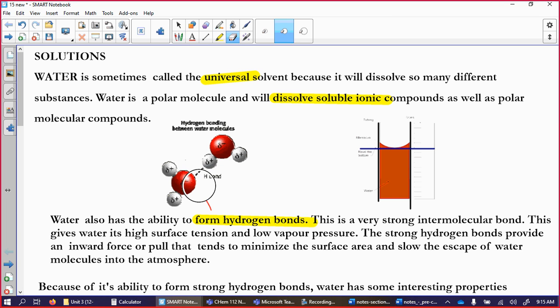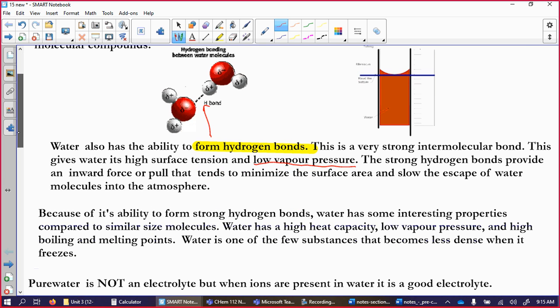That was a really bad arrow. That's what I was going for. This is why water has surface tension. It's why water has a low vapor pressure, why it has a high boiling point. And it's because of this, water is very different from anything of its size.